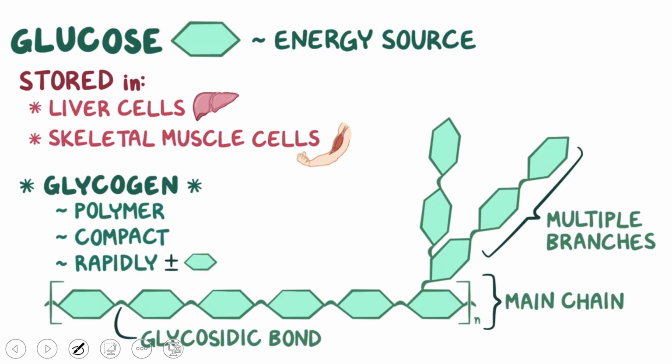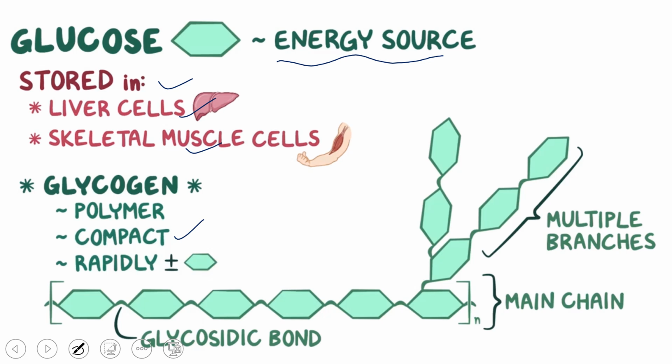Normally, glucose is one of the important energy sources of our body, which is normally stored in the liver cells and skeletal muscle cells, mainly in the form of glycogen. Glycogen, which is converted from glucose, is a homopolymeric polysaccharide of glucose, and it is a very compact structure that is rapidly metabolized whenever the body requires glucose.